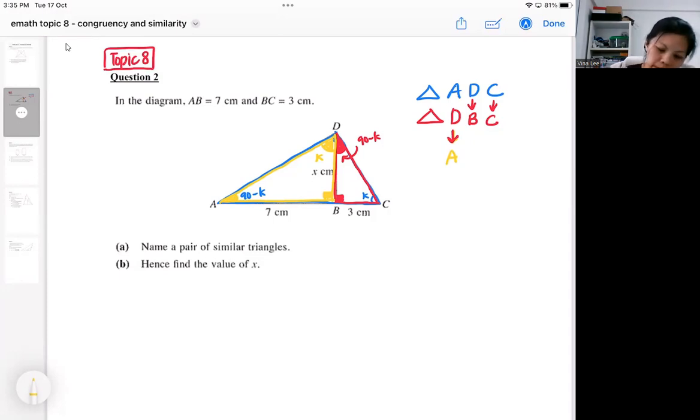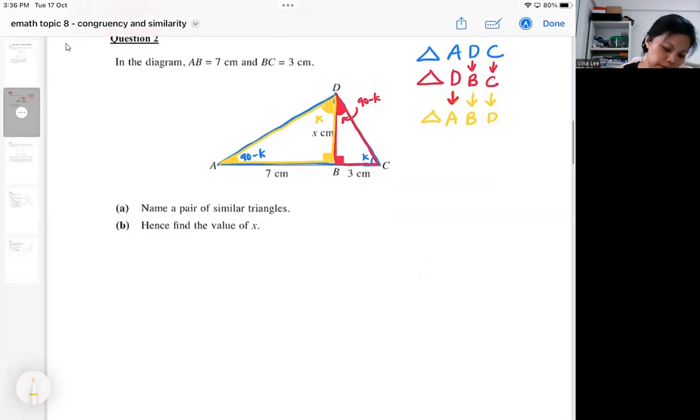So the 90-degree in the yellow one is also B. Then C is the angle that is K. So I will match it to D, the angle K in D, in the yellow triangle. So we match the angles in this way.